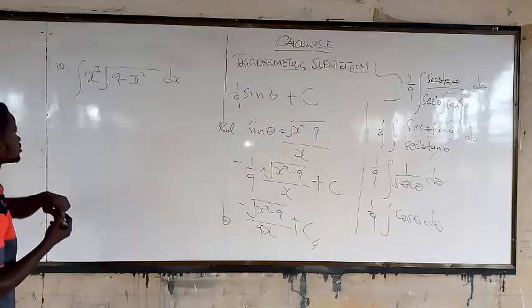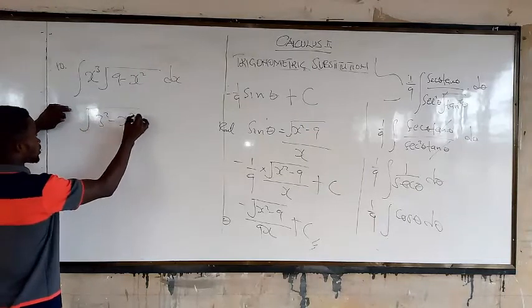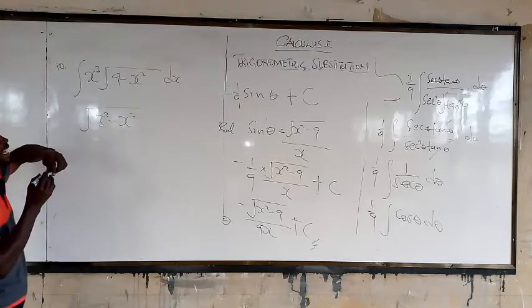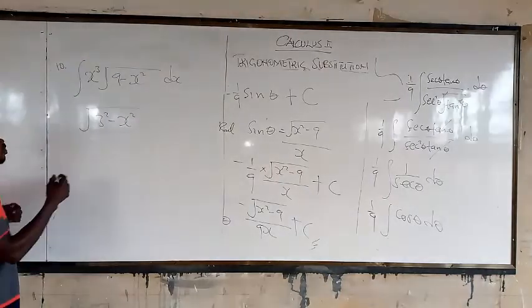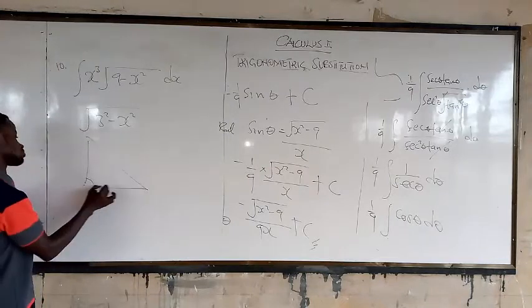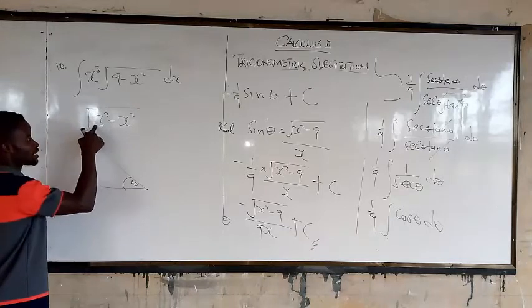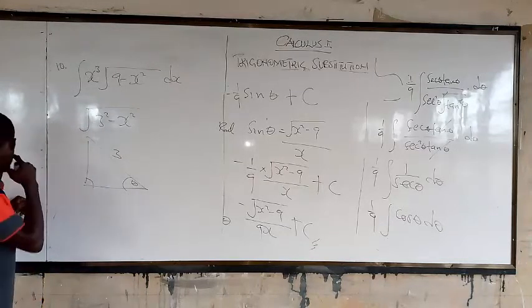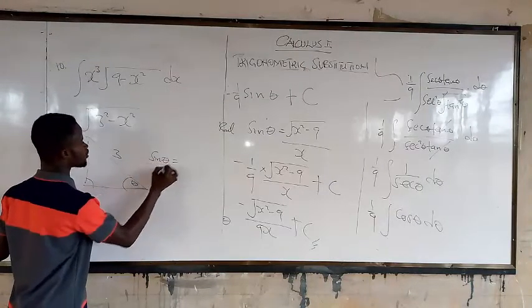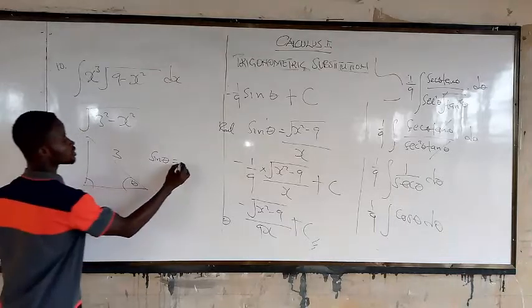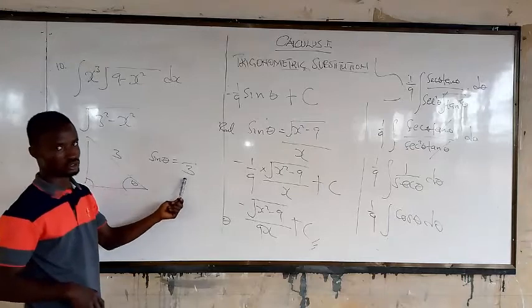So with this, when you bring out this 3 squared minus s squared, you see that this substitution will not work. The one here is the positive, so that will come here. So I think we should try sine theta, because sine theta will be something over a constant, and the constant is the hypotenuse.